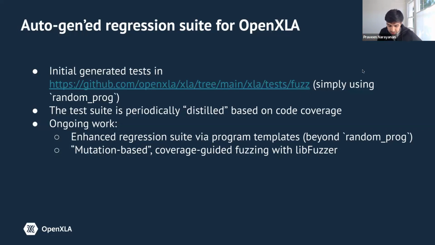And there's going to be more work coming soon about extending the test suite with more realistic templates that should hopefully emulate a realistic test, larger than unit tests, but smaller than end-to-end integration tests, but still small enough that they can be run for every change to OpenXLA.